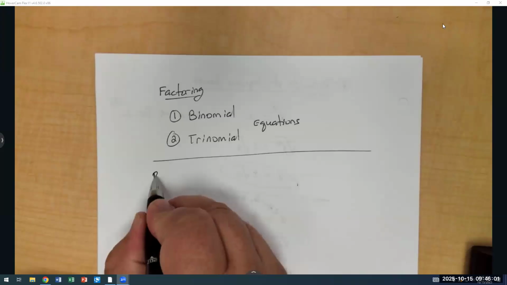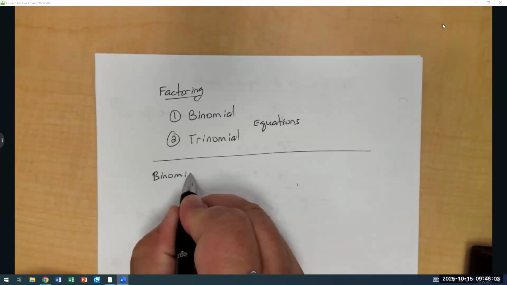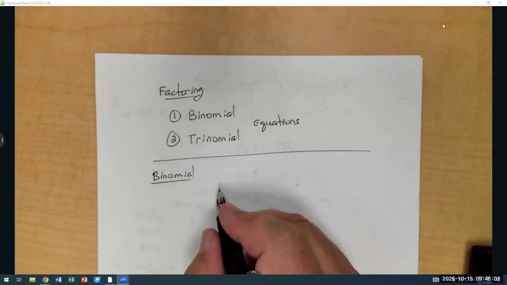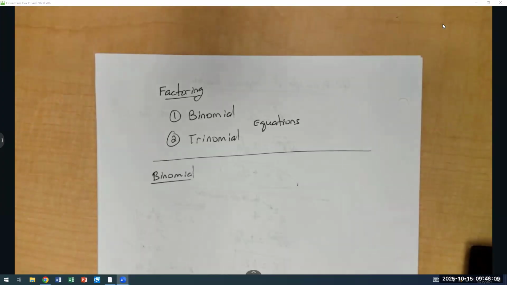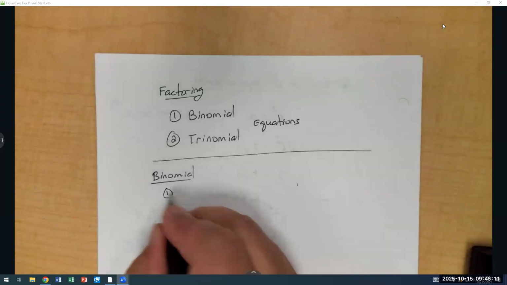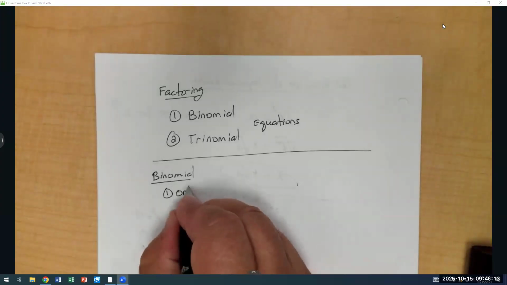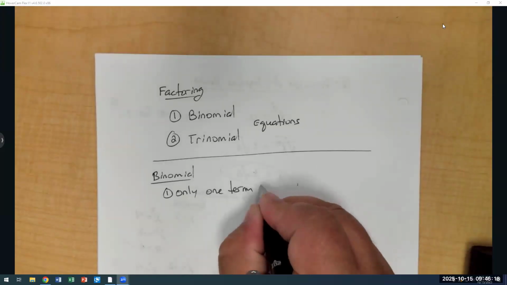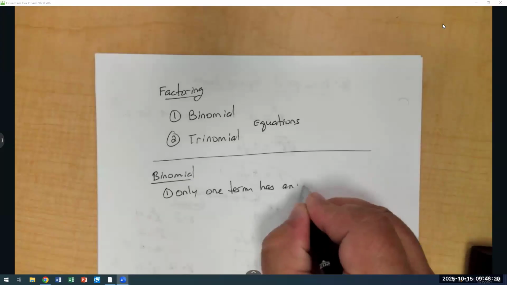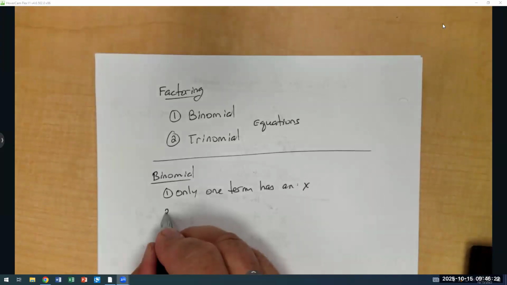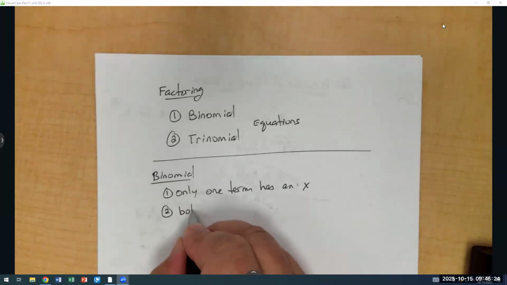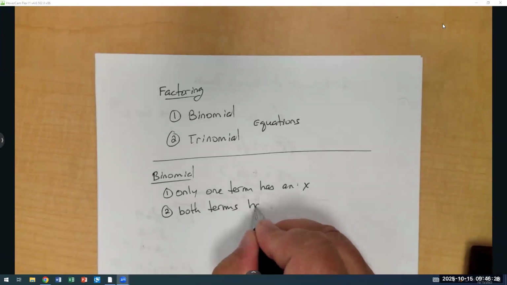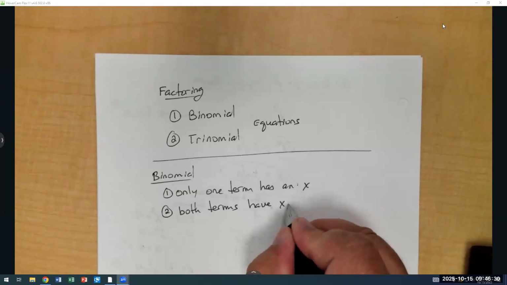So let's look at binomials first. Now, in binomials, we have 2 possibilities. Only one term has an x, or both terms have x's.